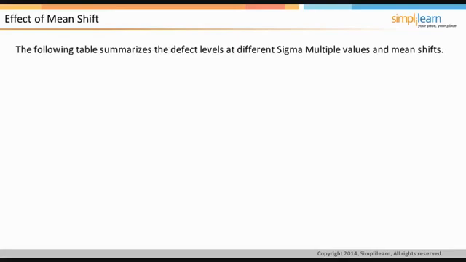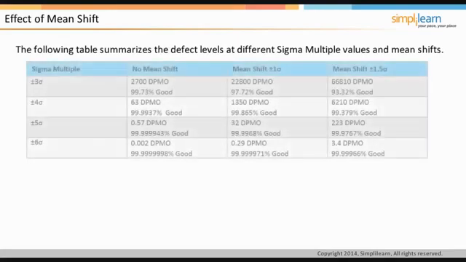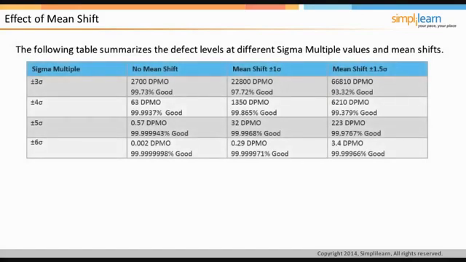Let us discuss the effect of mean shift on the process capability in this screen. The table given here shows the defect level at different sigma multiple values and different mean shifts. From the table, it can be seen that when the mean is centered within the specification limits and the process capability is 1, that is, plus or minus 3s, fits within the specification limits, the DPMO is 2700, and the probability of a good result is 99.73%.